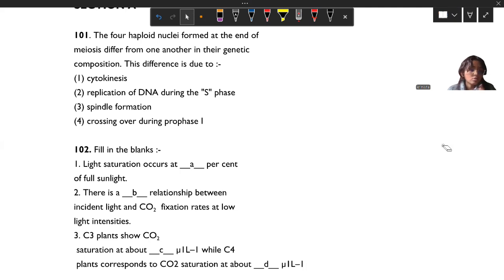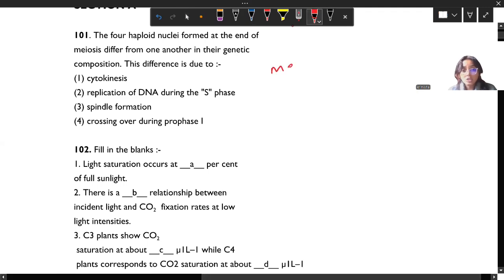So what is the first question saying? The four haploid nuclei formed at the end of meiosis differ from one another in genetic composition. This difference in genetic composition of the four haploid nuclei formed at the end of meiosis is due to what? Okay. So you all know that meiosis is unique.